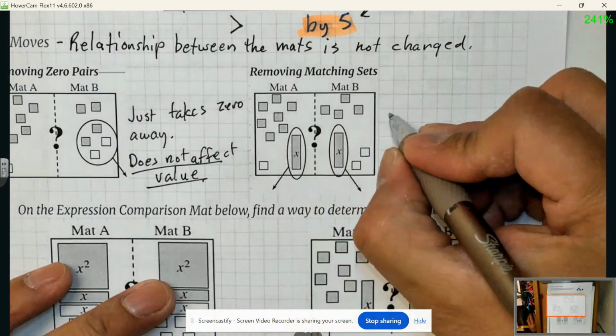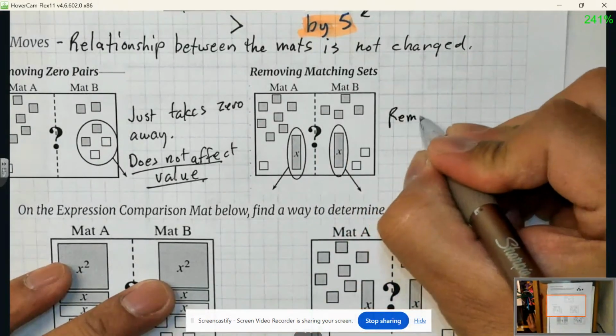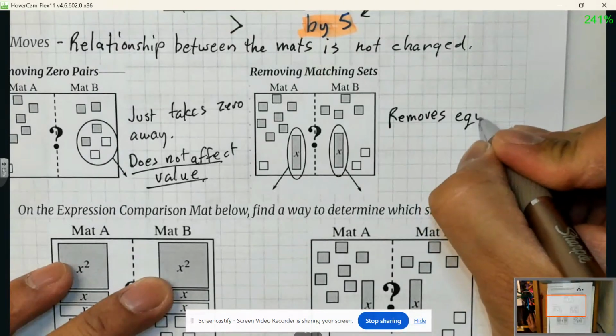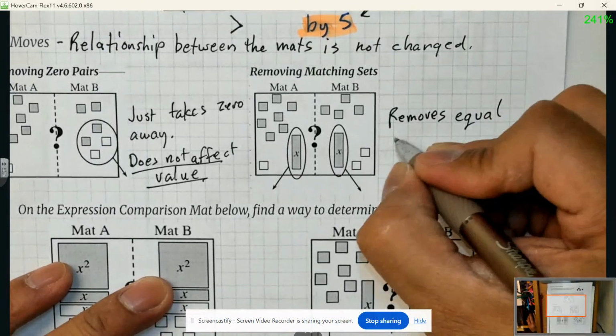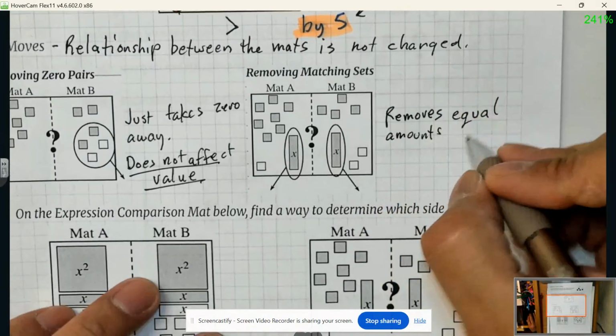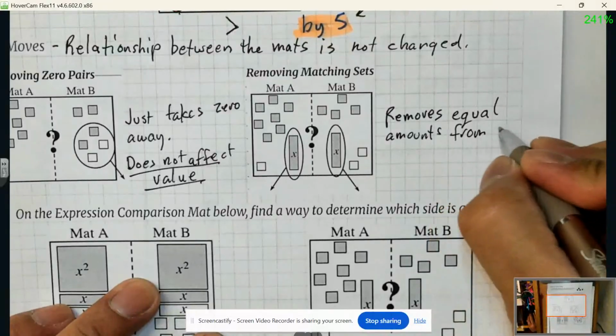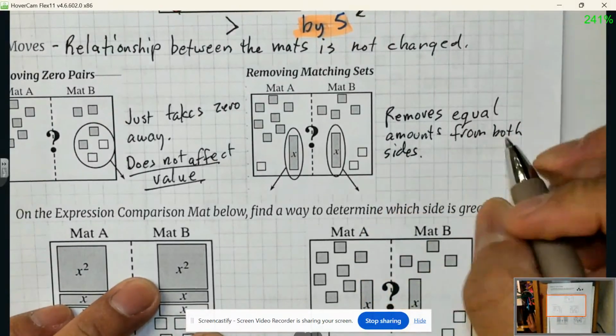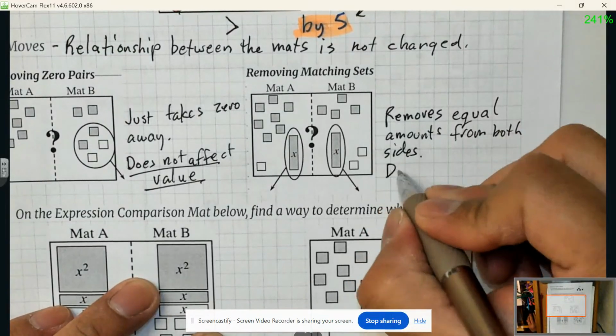Okay, so we'll do practice with this, but basically what this does is it removes equal or identical amounts from both sides. And this does not affect the relationship.